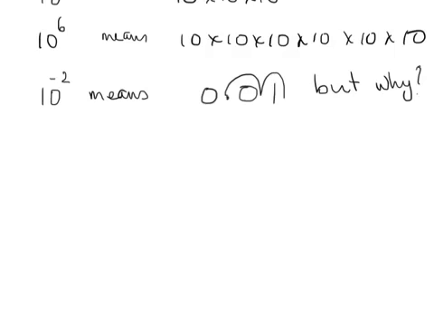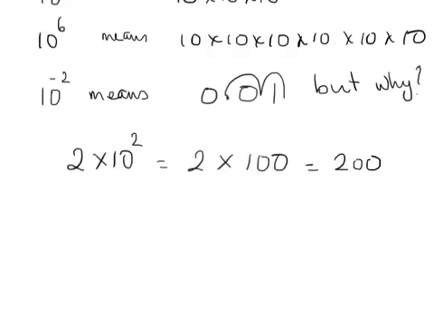So for example, 2 times 10 to the 2. Well, remember that 10 to the 2 is actually 100. So this is the same as 2 times 100. Because remember, 10 squared, or 10 to the 2, is 10 times 10, and 10 times 10 is 100. So that's 200. 2 times 100 is 200.